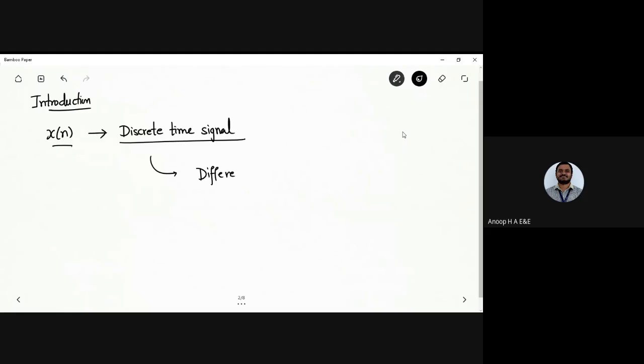Any discrete time signal x of n has delayed signals or advanced signals. Any discrete time system is modeled in terms of a difference equation.